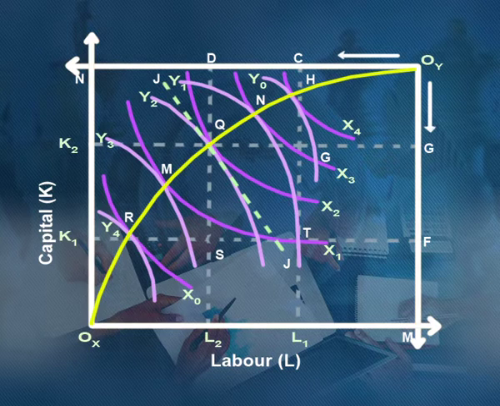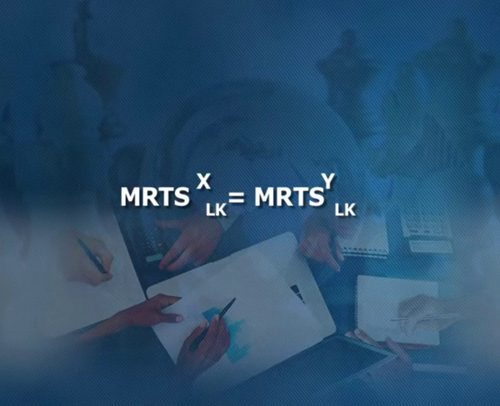By reallocation of factors, if the economy moves to any point between M and N on the contract curve, say to point Q, the outputs of both the goods X and Y would be higher than at T. Thus, a resource allocation implied by a point on the contract curve leads to greater output than those not on the contract curve. Since the slope of an isoquant measures the marginal rate of technical substitution between the two factors labor and capital, that is MRTS LK, at various points on the contract curve, the MRTS LK of X is equal to the MRTS LK of Y.